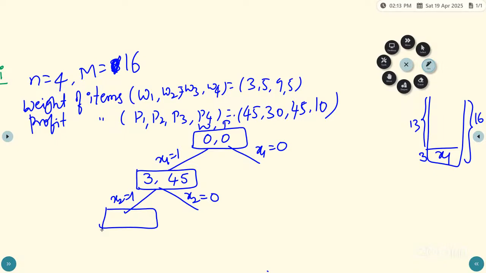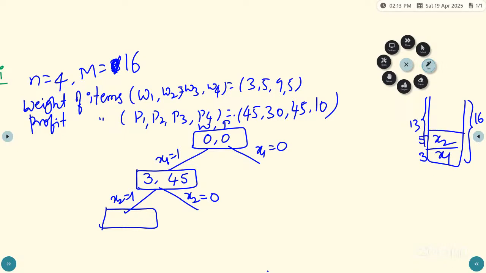In the same way, try to place x2. See the weight of the item, 5 units. But what is the total capacity of the bag? 13 units are still free, so we can select this item, only 5 units. Already 3 units, and x2 also placed. This is 5 more units.